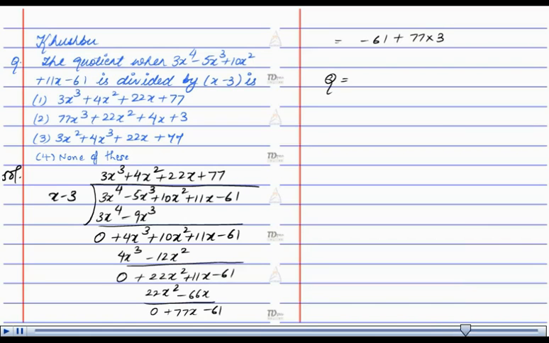So the required quotient is 3x cube plus 4x square plus 22x plus 77, and hence the correct answer is option number 1.